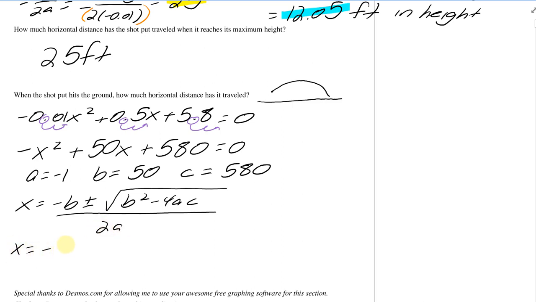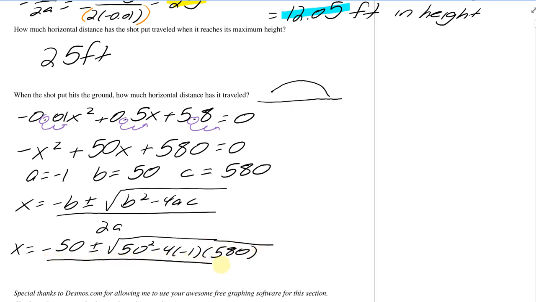Let's go ahead and plug all of this in. So, one more little practice with the quadratic formula. I've got all of this plugged in, all divided by 2 times -1.